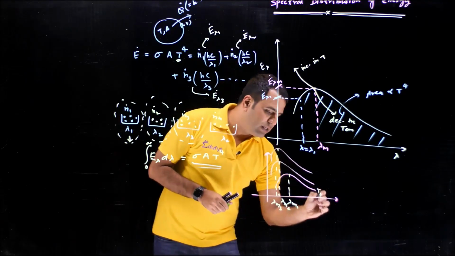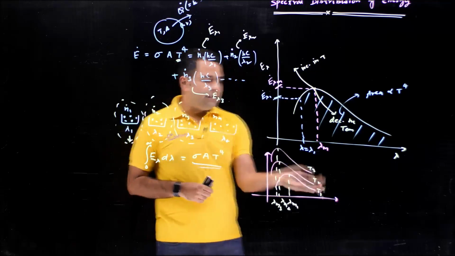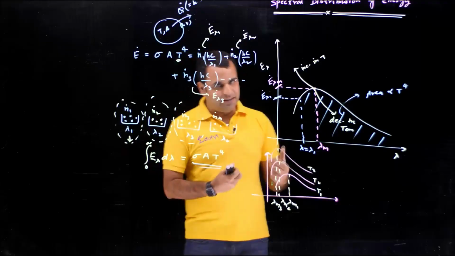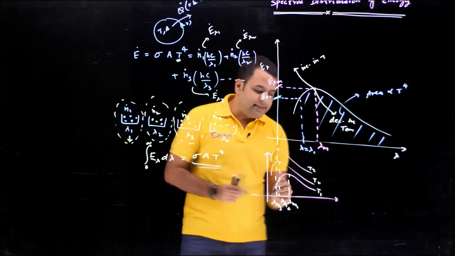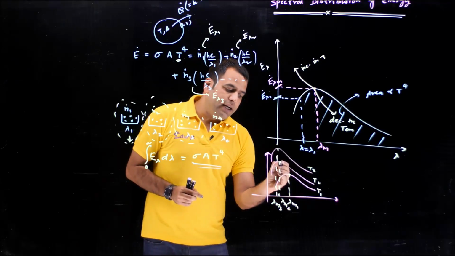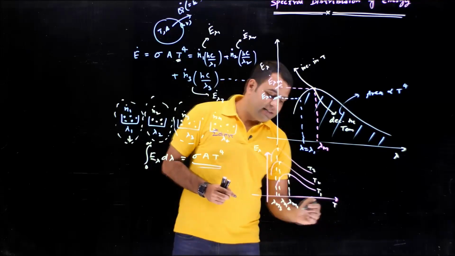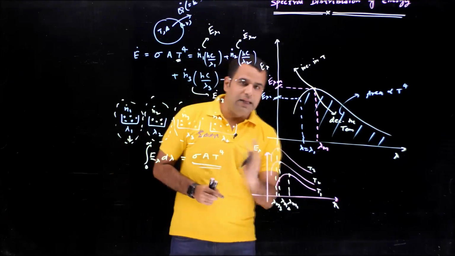This is at T1 temperature, this is at T2 temperature, this is at T3 temperature. As the temperature is increasing, graph is moving up because the total energy will increase. So the area also increases. As the temperature is increasing, the wavelength corresponding to which you were getting the maximum energy is decreasing. So the graph is shifting on the left side.